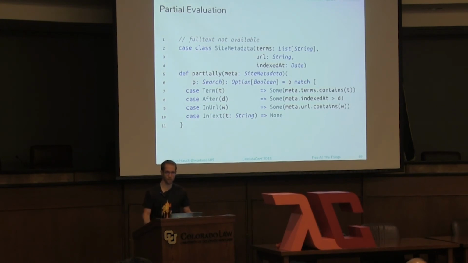And if you apply this to our original predicate, in some cases it might be able to evaluate to true, and in some cases you might still have to load the text. But in all of the cases where you can evaluate it to false or true, for example, if FP is not on the term list, or when it's not after, when it's before 2018, you will always be able to evaluate it to true or false beforehand. So this is really powerful because you can avoid unnecessary evaluations in there.